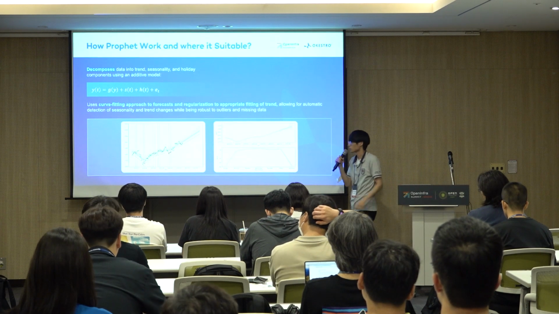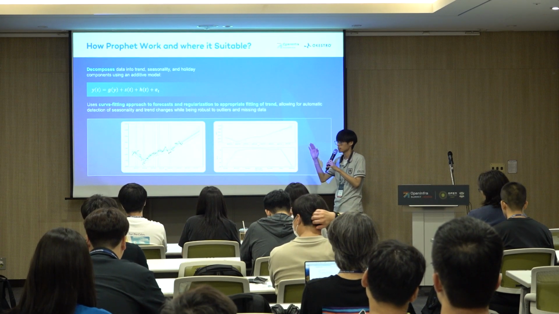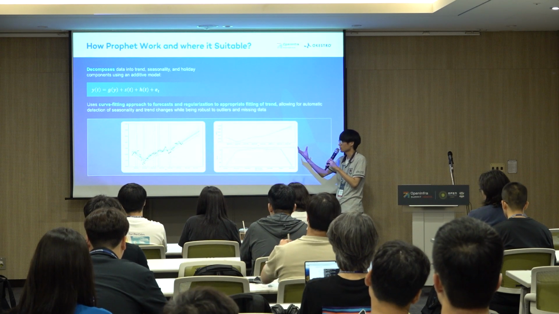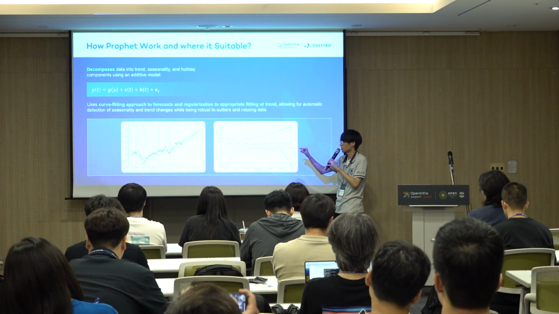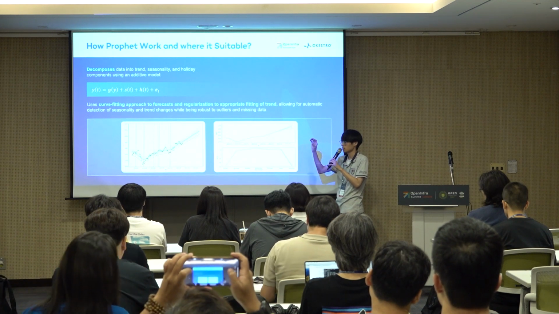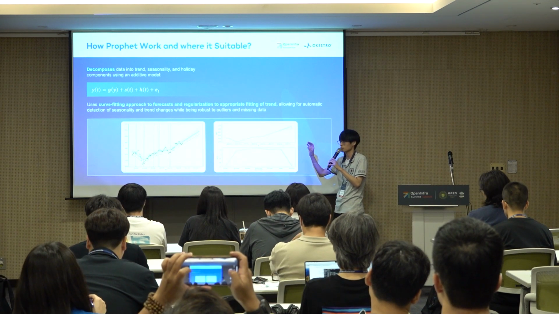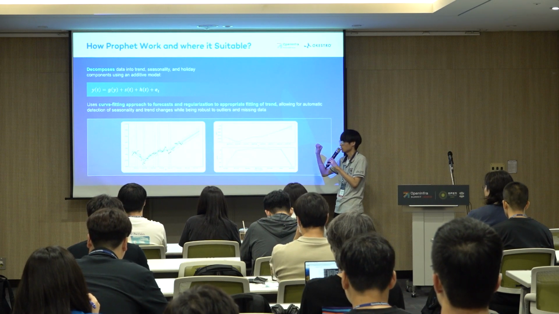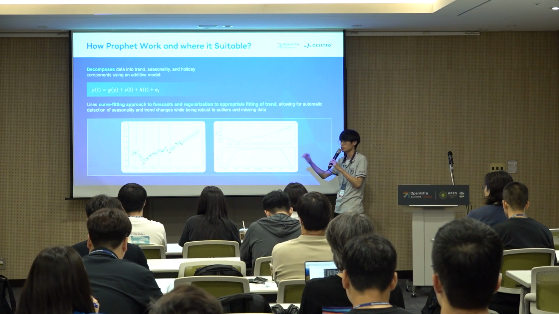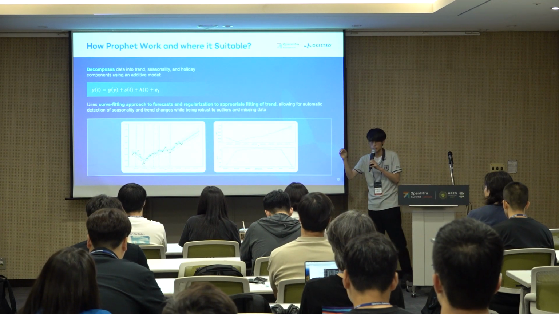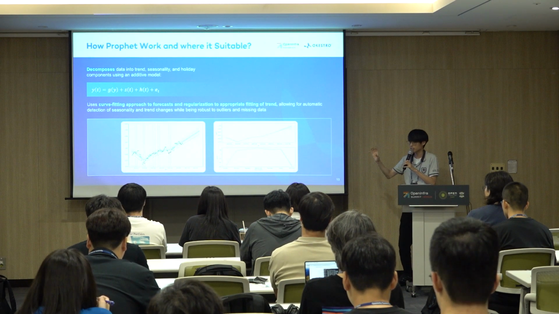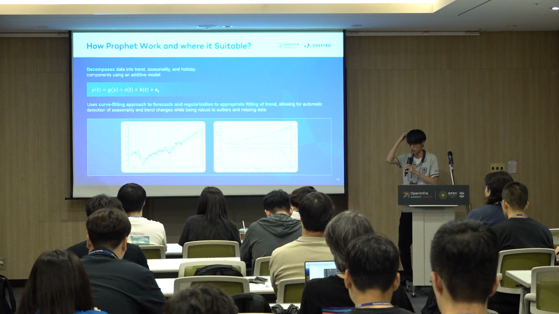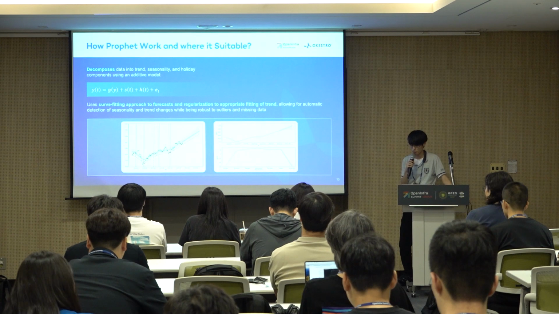I already said how Prophet detects the trend: it fits multiple curves to the given data. So even if the pattern of the data is too complex, Prophet can make it too simple. It means Prophet does not show good accuracy in that kind of case.